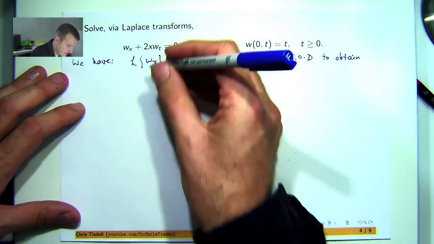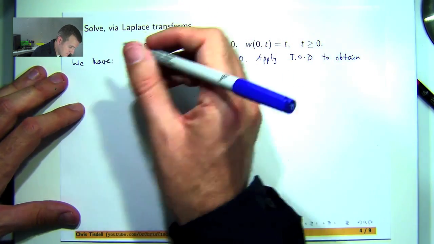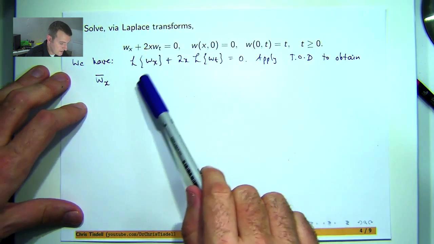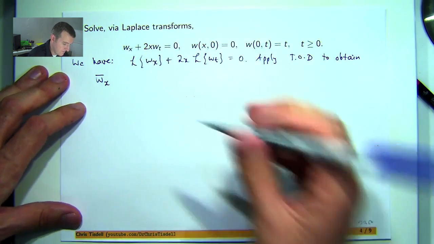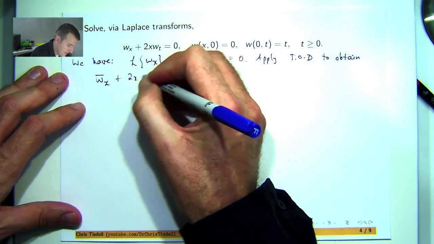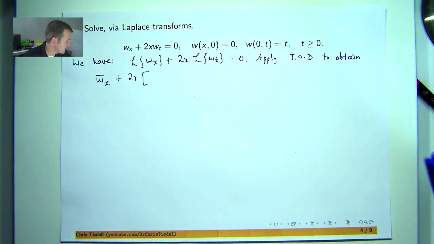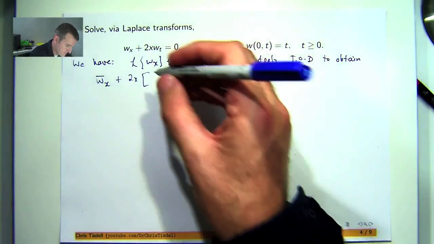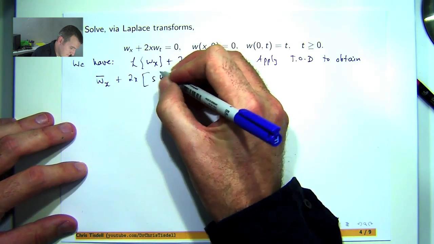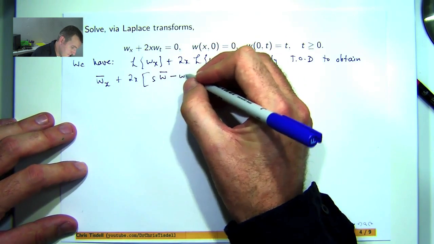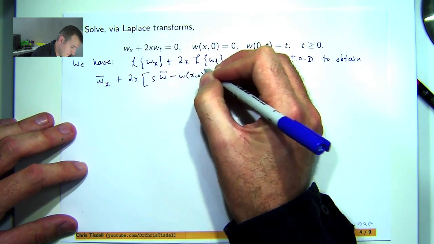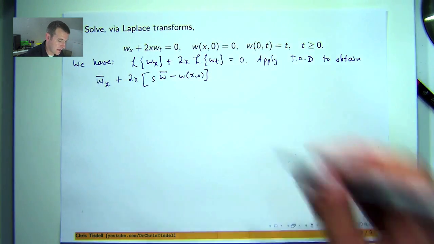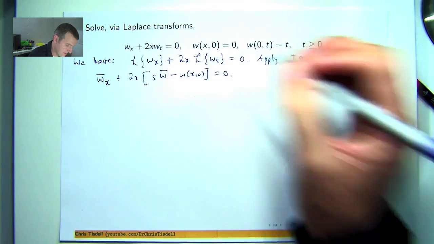Okay, so over here this is just the derivative of the transform. And this here is this minus this. Again, I've just left off the arguments here and here just to save a bit of space.